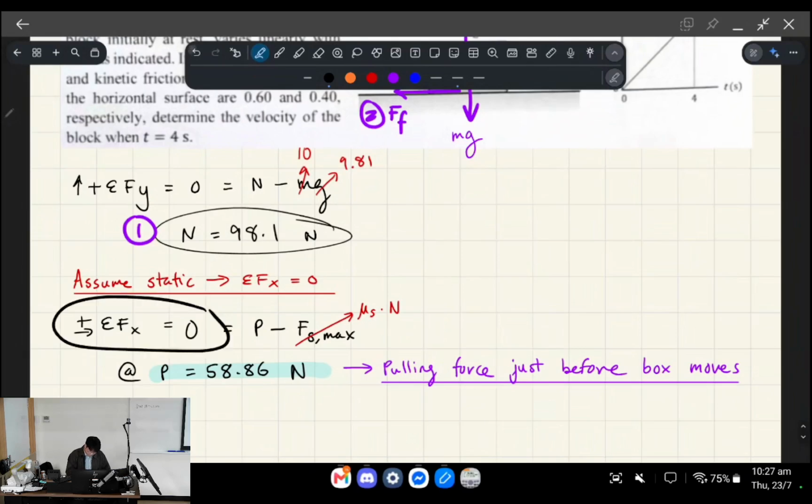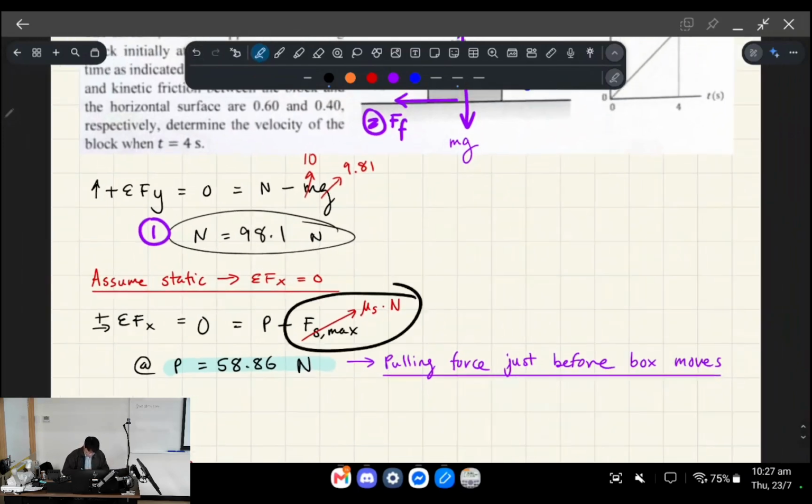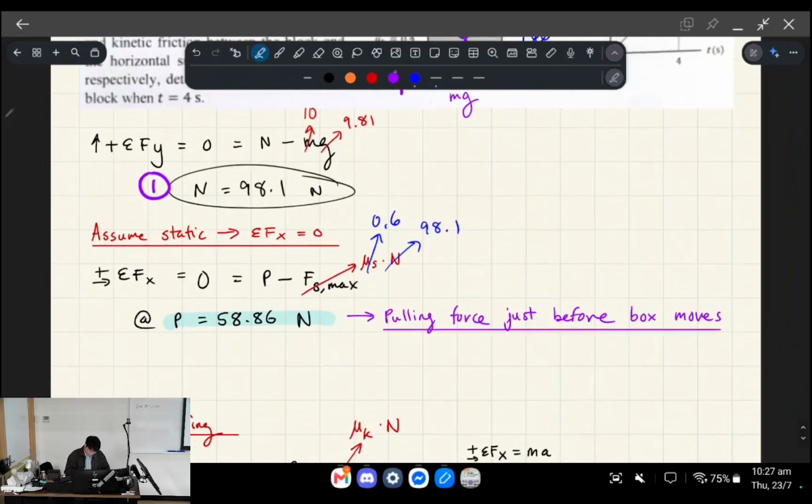Again, static equilibrium. P is your linearly increasing force, and this is the static friction threshold, which is pointing to the left. It's opposing the motion. Mu s we're given as 0.6, and the normal force is 98.1, which we determined in the first step.